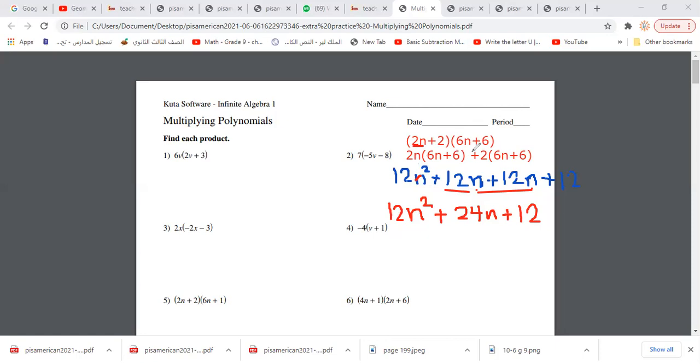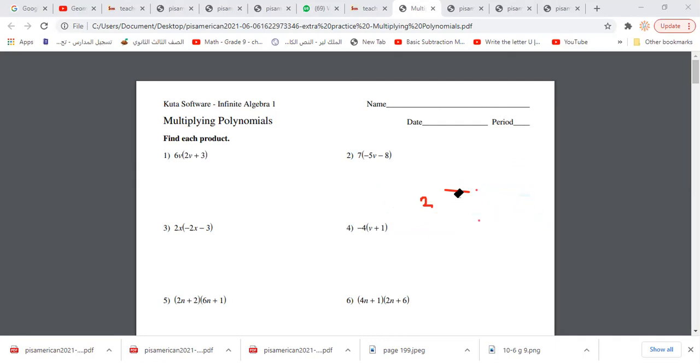And you can do the opposite, no problem. It will give you the same. Like what? You can put 6n times 2n plus 2, and 6 times 2n plus 2. It will give us the same answer. Understood? Then when you add and subtract, don't touch the exponent. When you multiply, you will add the exponents.